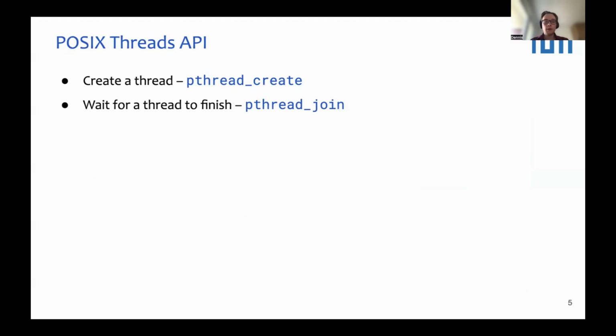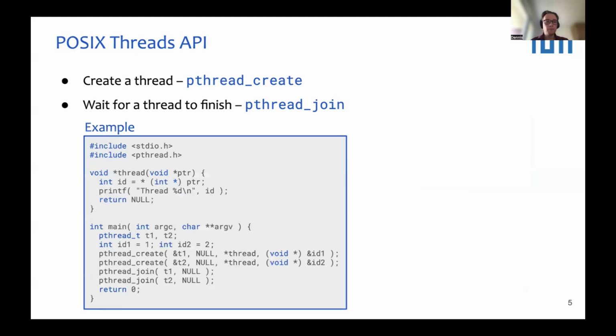Usually, we create threads with the POSIX thread API, where we can create a thread with pthread_create, or we can wait for a thread to finish with pthread_join. Here we see an example program where the main function creates two threads, and the function running on the thread is here called thread, which is the function on top.